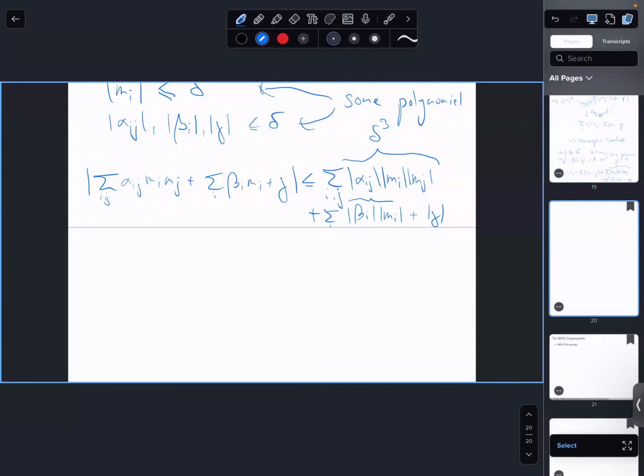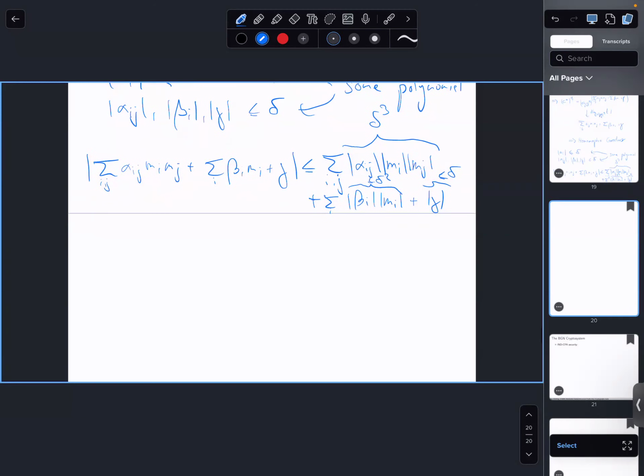The second is smaller than delta squared, because the absolute value of beta_i is smaller than delta, m_i is smaller than delta, and gamma is also smaller or equal to delta, right? And this first sum goes over n squared terms.